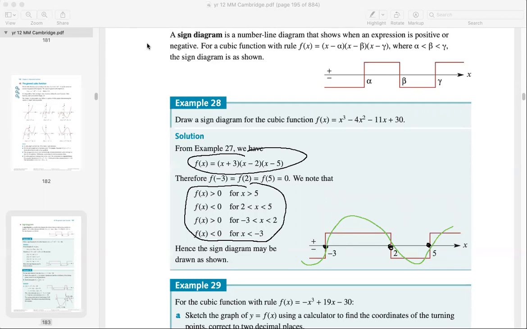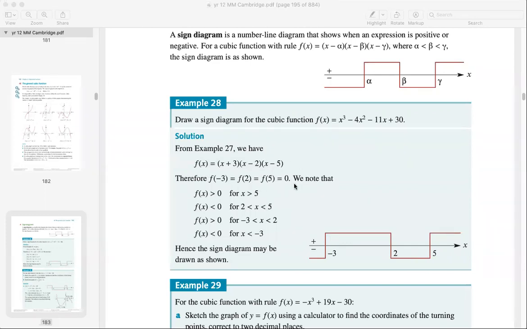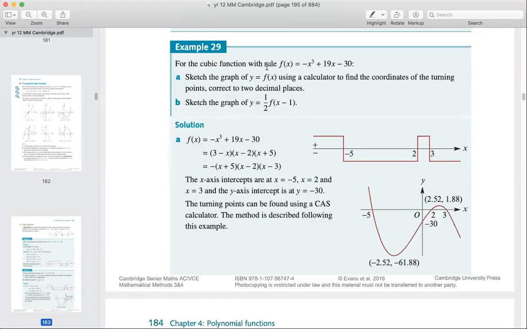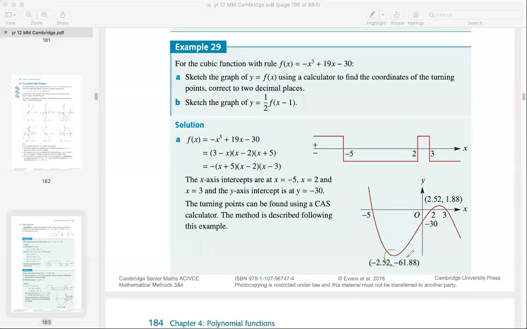So for the next one, they just ask you to sketch the graph, but then you have to use the calculator, because these 2 points cannot really be found by hand for now. Once you learn the derivative, you'll know they are the stationary points, and you make the derivative equal to 0, then you get the idea. Okay, let's keep going.